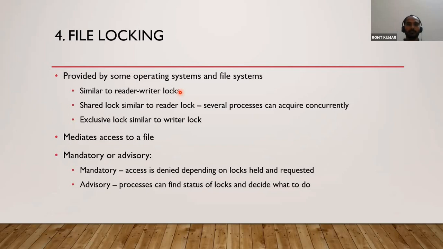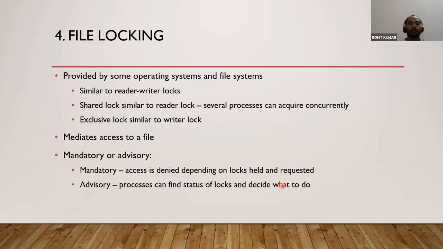In case of an exclusive lock, there is a mandatory protocol that you cannot have the exclusive lock if somebody else is having the exclusive lock. In a similar way, there is also the advisory kind, which means though it's not necessary, there might be some advice. For example, processes can find the status of locks and decide what to do.